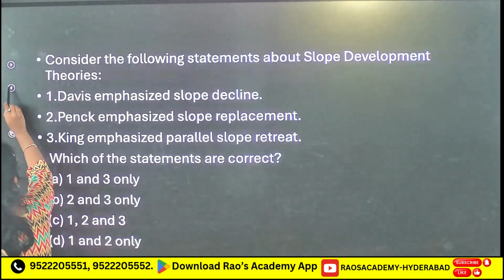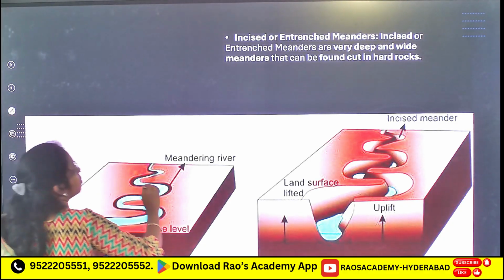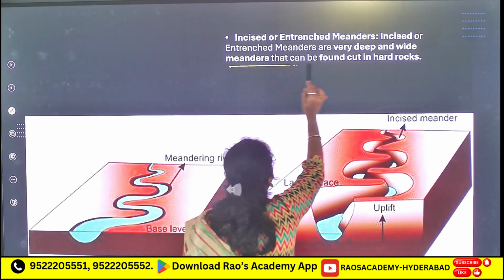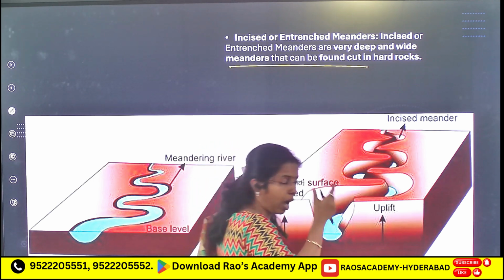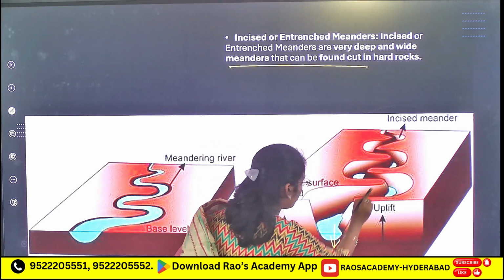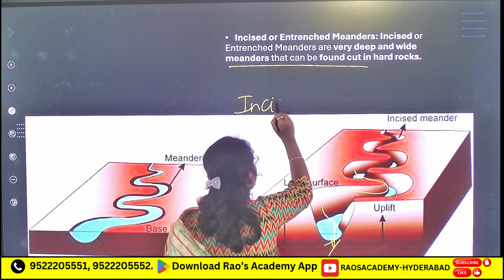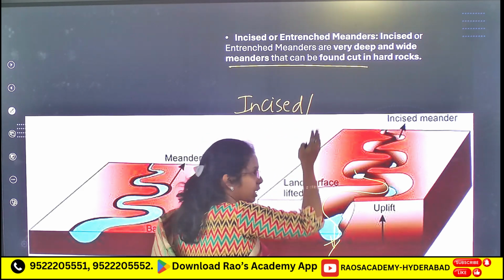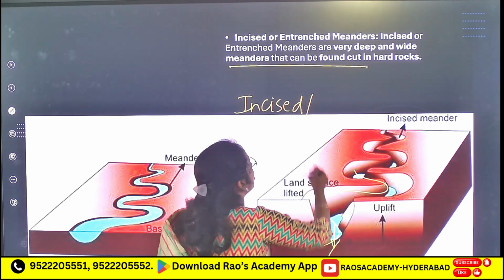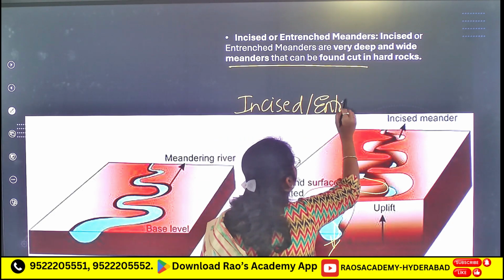When these loop like channel patterns erode, very deep and wide meanders can be found in hard rocks. When these meanders erode, those meanders are known as incised. Incised means cutting. Incised or entrenched.